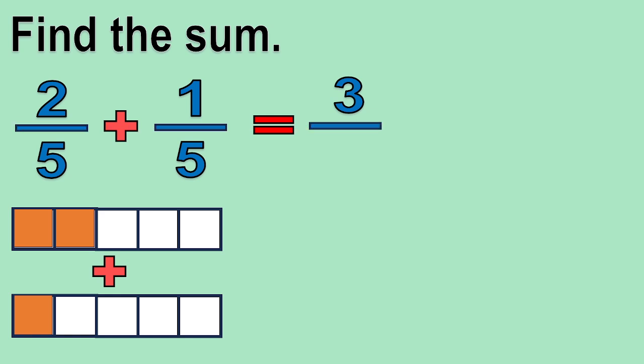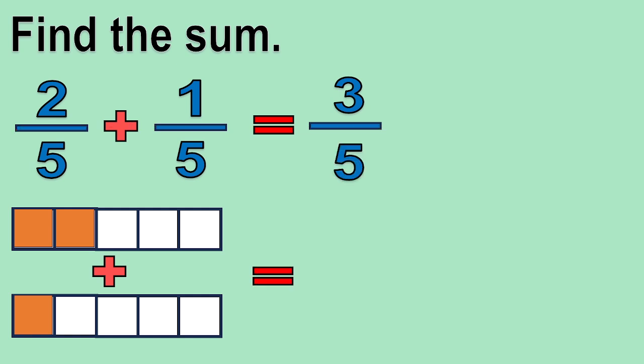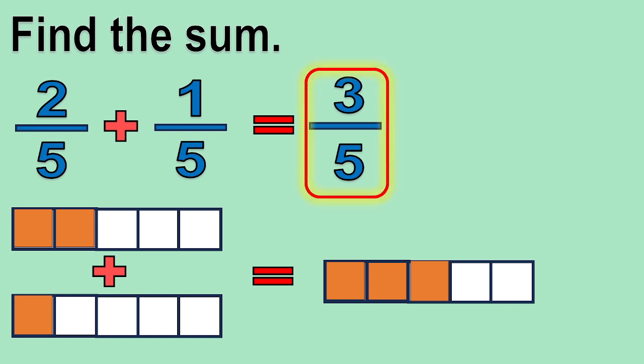Then, copy the denominator 5. 2/5 plus 1/5 equals 3/5.